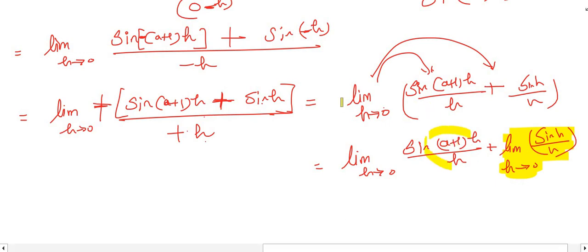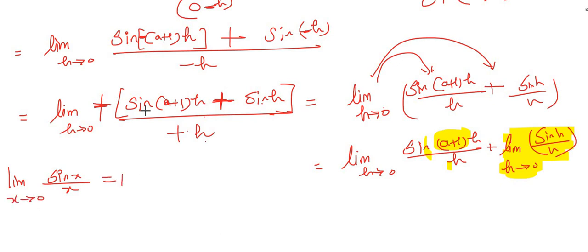What can we do here? Here we should notice one thing, that with h there is a coefficient. So we know this formula, that limit of sin x by x as x tends to 0 is 1.